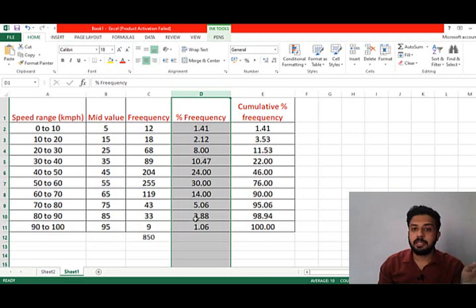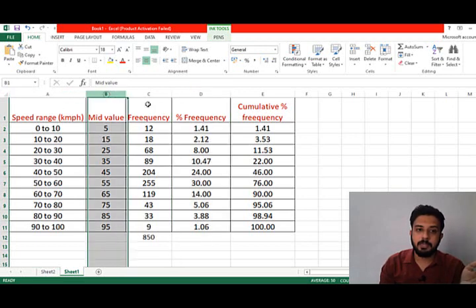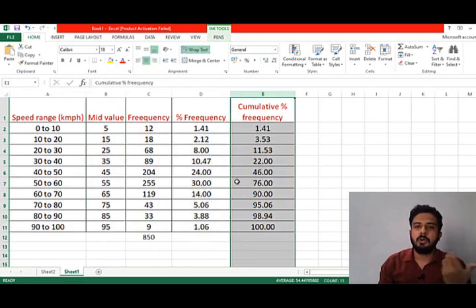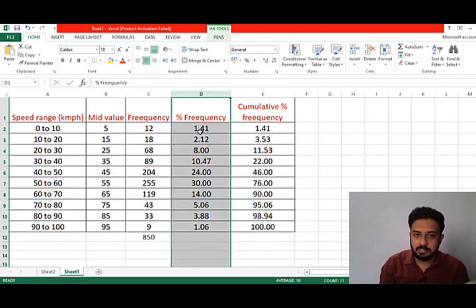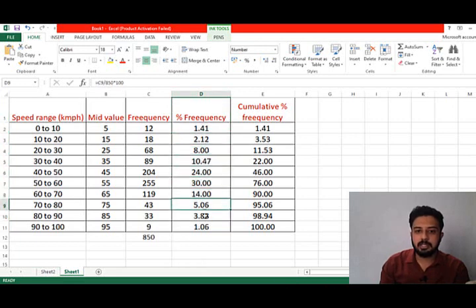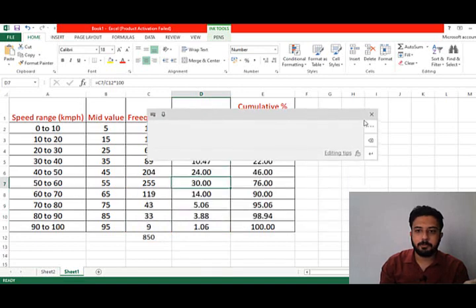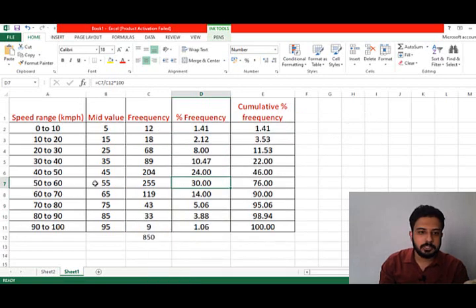Okay. Now we have seen column B versus column E. Now if you are drawing a graph, column B versus column D, what you are understanding? It keeps on increasing, then it is decreasing. Correct? Where it is maximum, you are getting it corresponds to 50 to 60, or corresponds to the mid value 55. You are getting the maximum value 30. Correct?